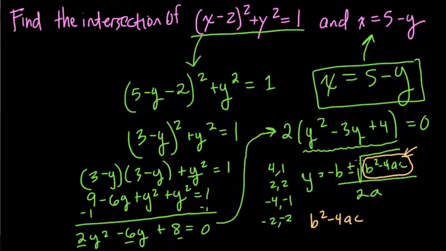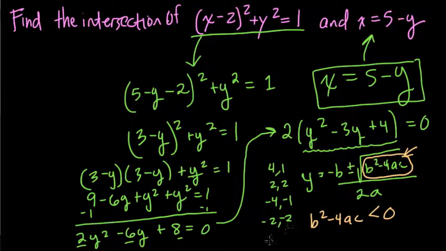If it's positive, we could have two solutions because adding or subtracting a positive value could change your answer. But what about if this is less than 0? Well, in that case, we're taking the square root of something less than 0 and doesn't have any real solutions. So we should test to see, is this thing less than 0? Because if it doesn't give us any real solutions, that tells me that does not intersect.